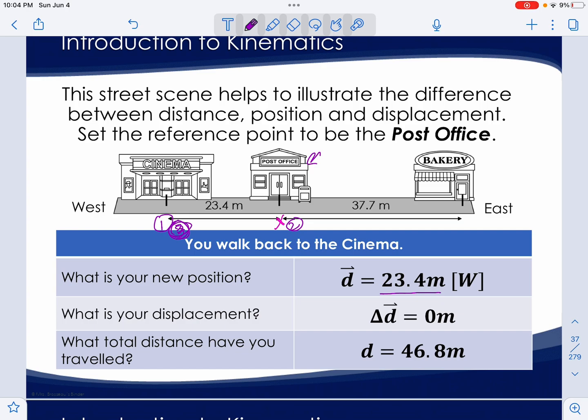Now remember, your displacement is relative to where you started, right? So here we started at the cinema and we ended at the cinema. So our total displacement is 0 meters. And what is the total distance you have traveled? Well, that's how many steps did you take? So you made steps going this way and then you made steps going back for a total of 46.8 meters.